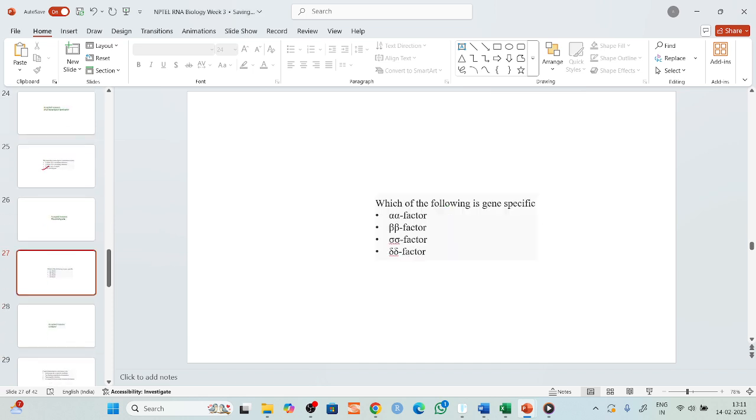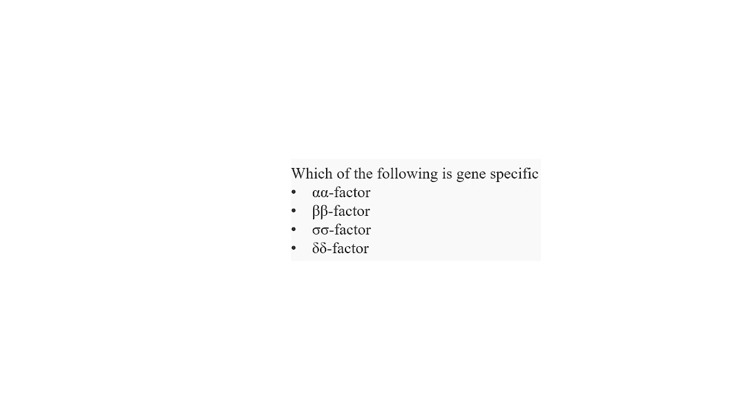Okay, next question is, which of the following is gene specific? Alpha factor, beta factor, sigma factor, or delta factor? Okay, these are your options. These are the factors of the RNA polymerase enzyme complex, the factors which are present in RNA polymerase. So, which of the factors is gene specific here? This you have to type.